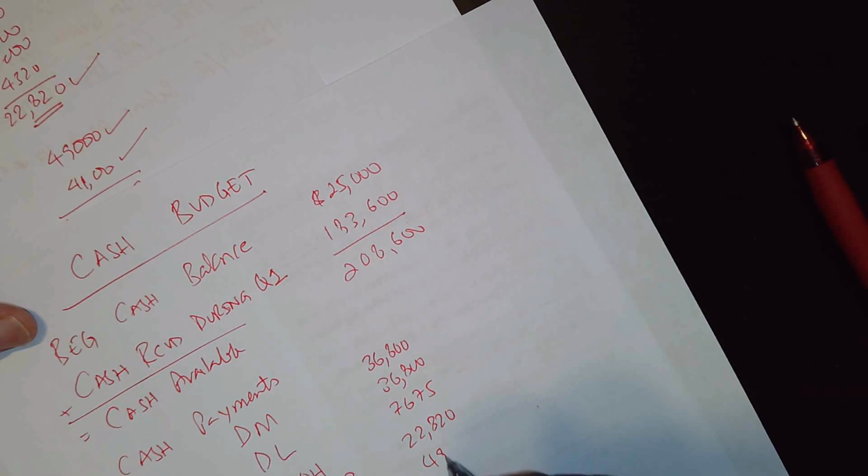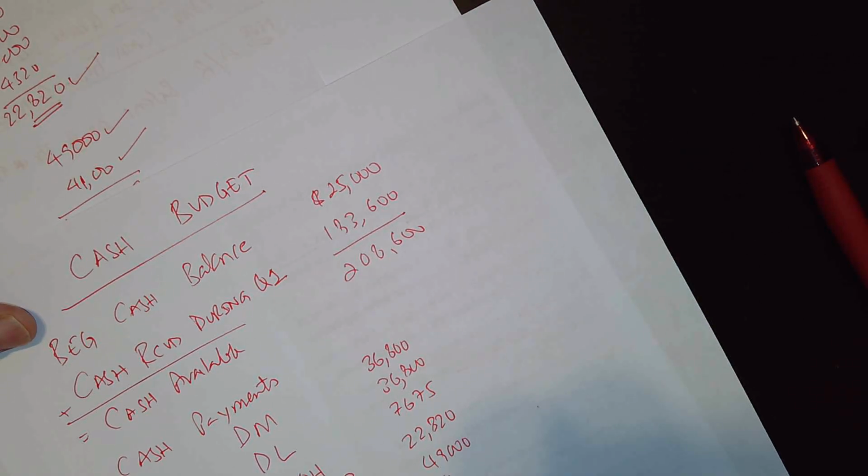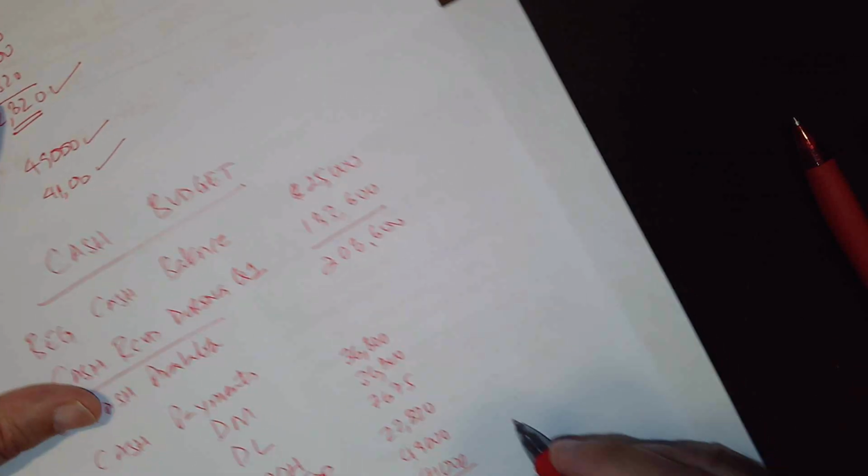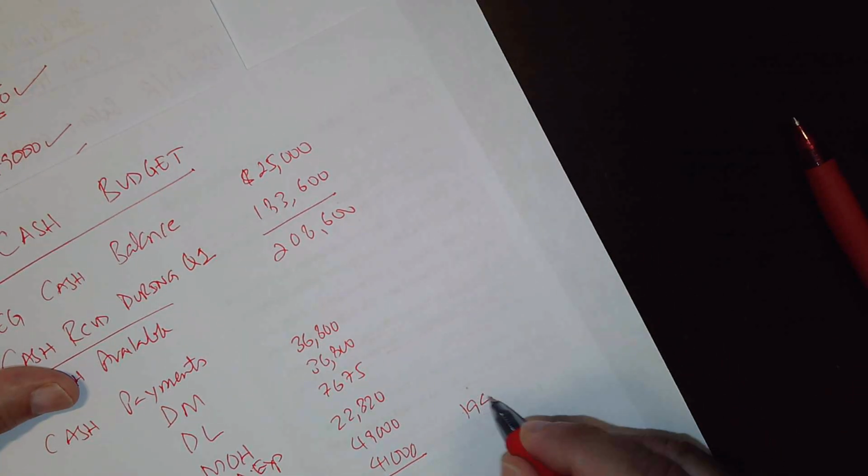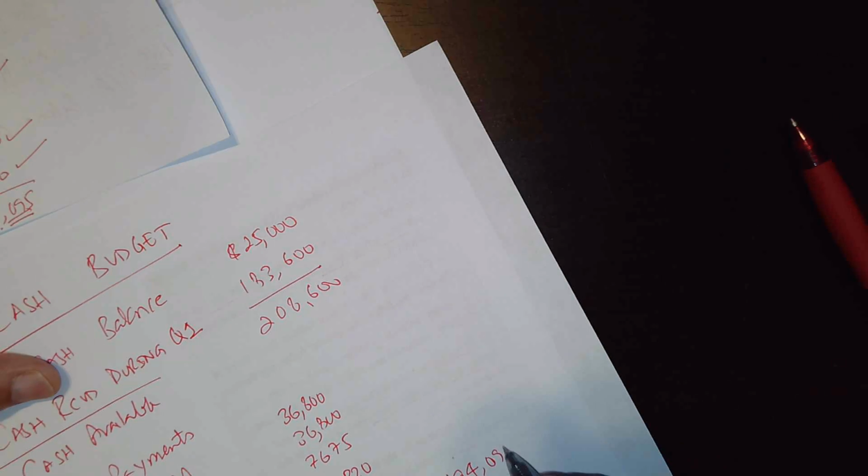Tax is 49,000, and capital expenditure is 41,000. So that gives us a total of $194,095.